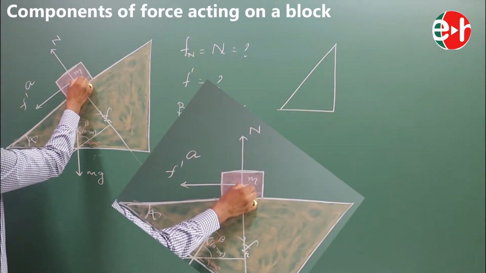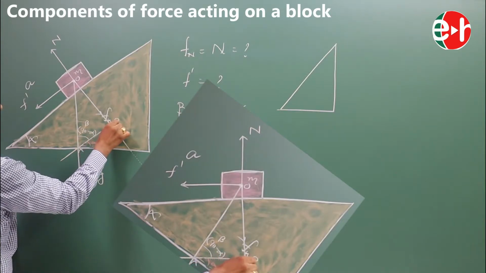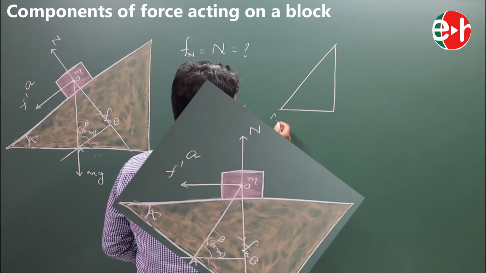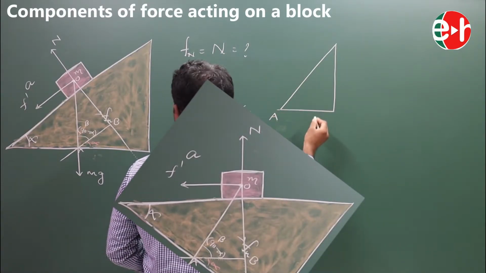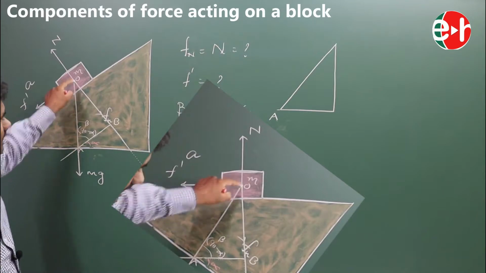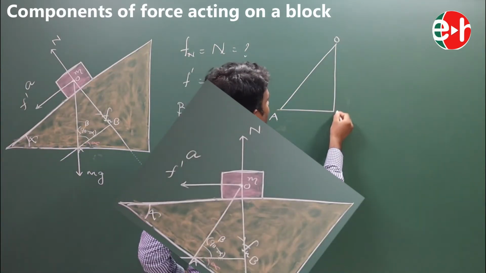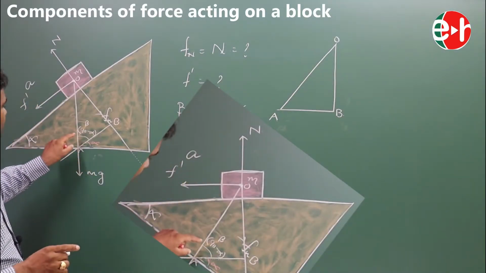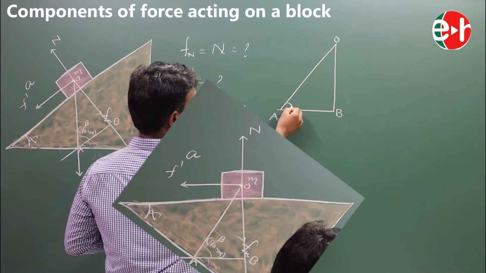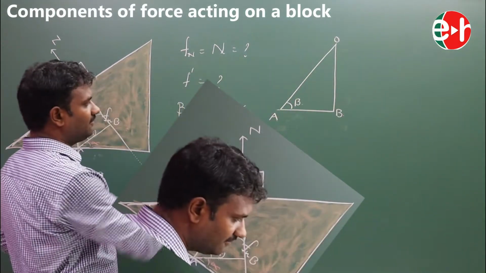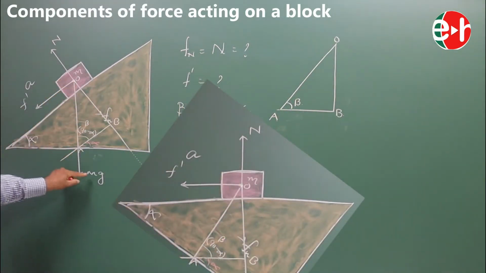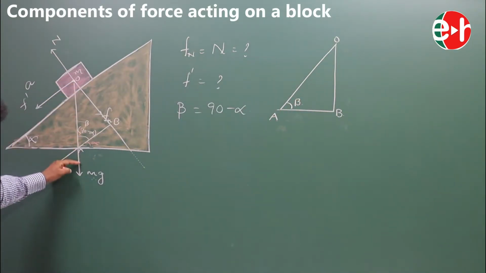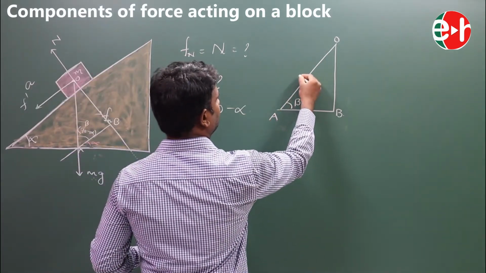Say this is O, A, B, and the angle is at A. OA is our diagonal, and this is our B. Now the angle at A is beta. From this triangle, the hypotenuse is our mg, from O to A, so this is our mg direction.